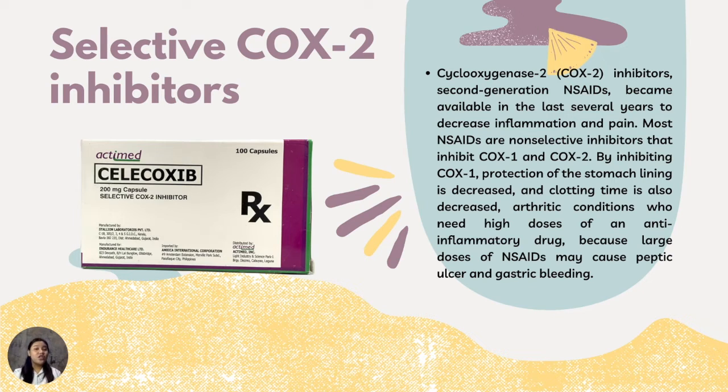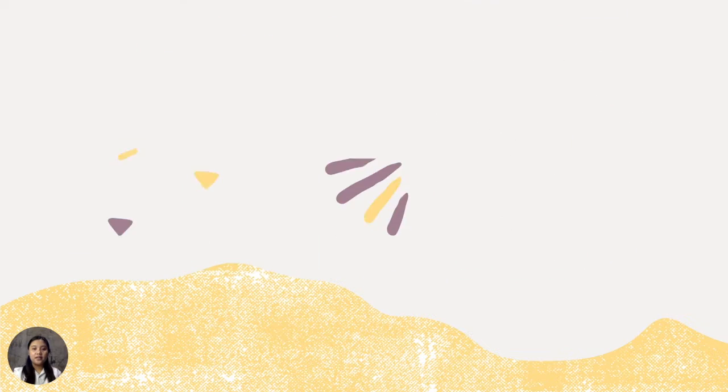So, ang atong arthritic conditions need high doses of anti-inflammatory drugs, because large doses of NSAIDs may cause peptic ulcer and gastric bleeding. Currently, one drug, celecoxib, is classified as a COX-2 inhibitor. Nabumetone is a similar drug that can be used, however it is not considered a true COX-2 inhibitor, although nag-inhibit siya of COX-2 more than COX-1.